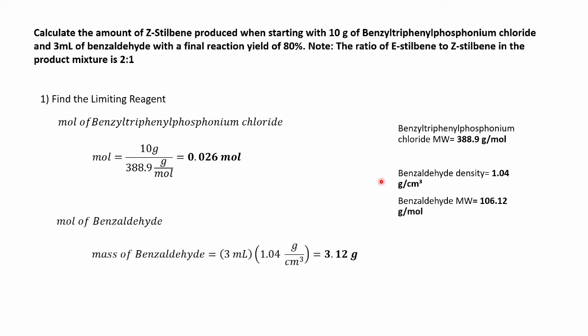What about benzaldehyde? Because we're starting off with a volume of benzaldehyde, we first have to convert it to mass. To convert a volume to mass, all you do is multiply it by its density. So we have 3 mL of benzaldehyde times 1.04, which gives us about 3.12 grams of benzaldehyde.